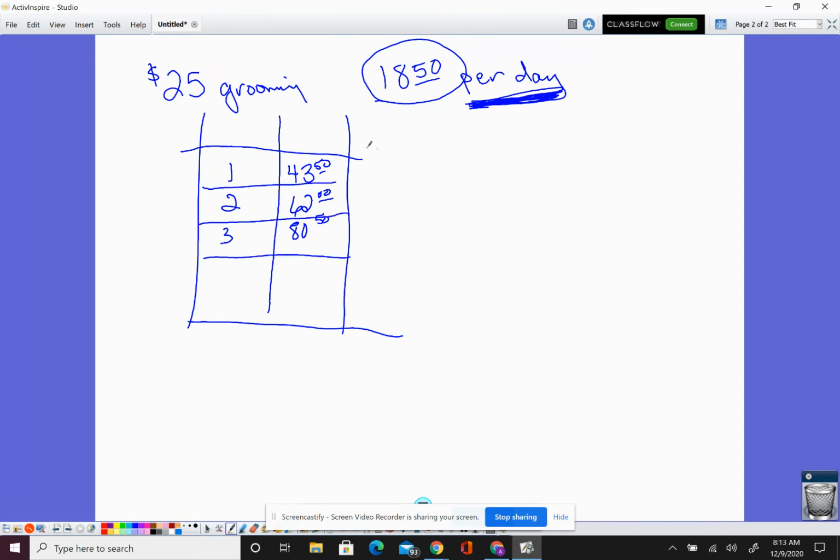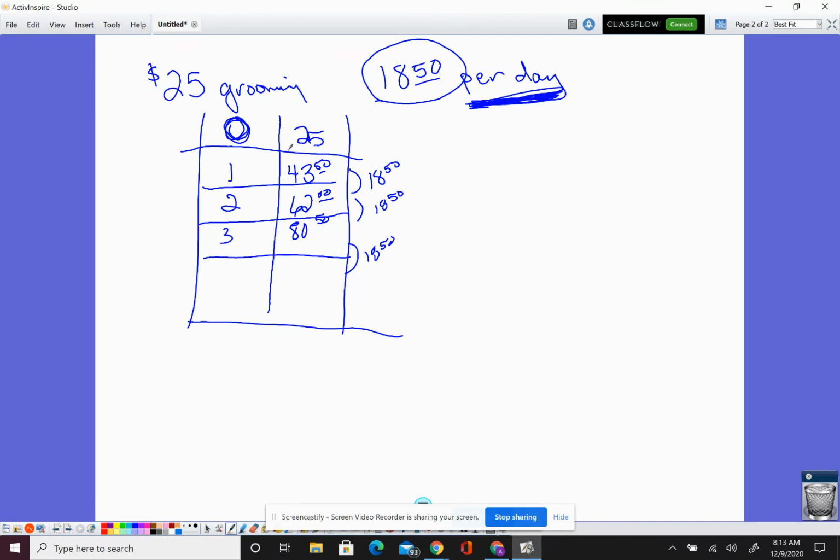So when we look at this, the change per day is $18.50. That is not the same as our first term, is it? So if they just come in and they groom the dog, they don't stay any days, how much is he going to charge? $25.